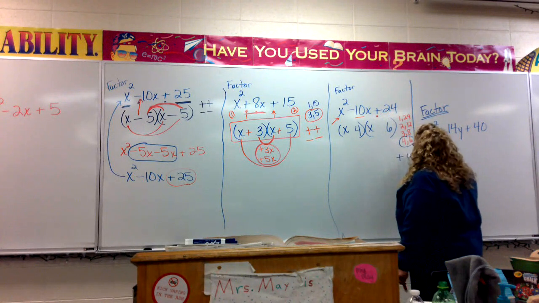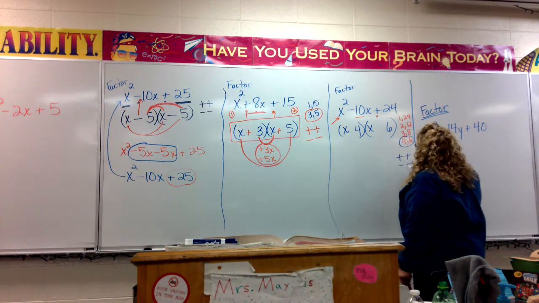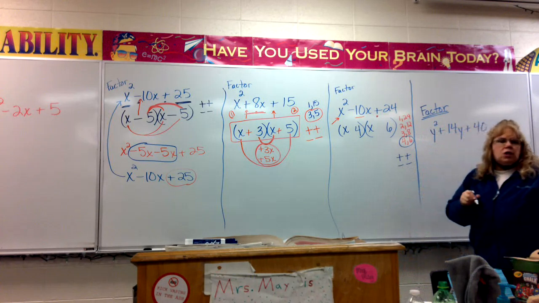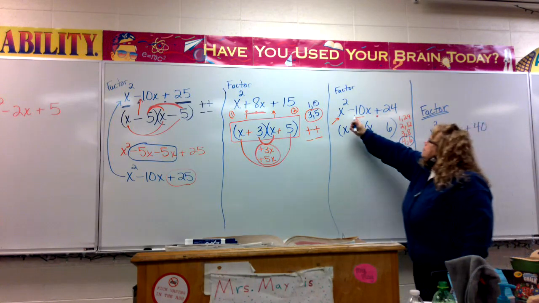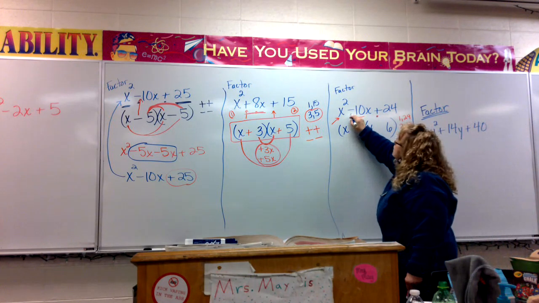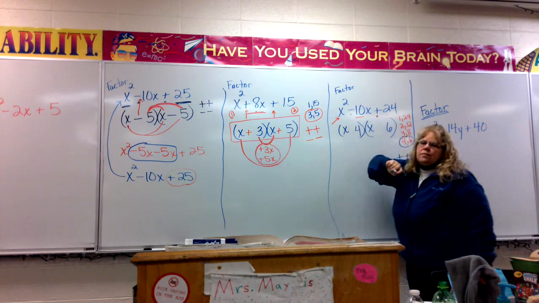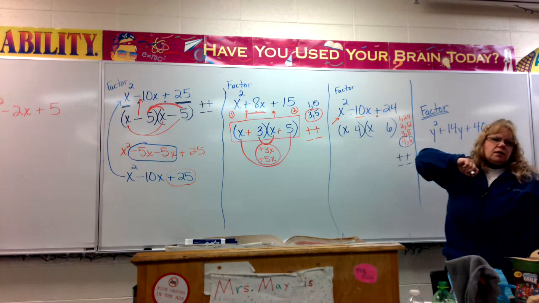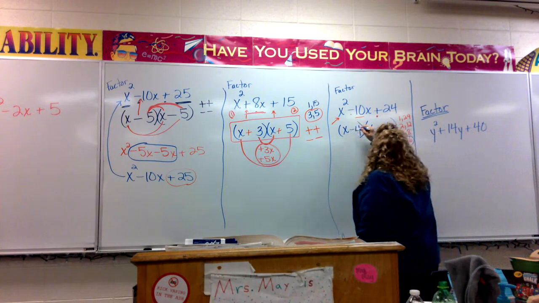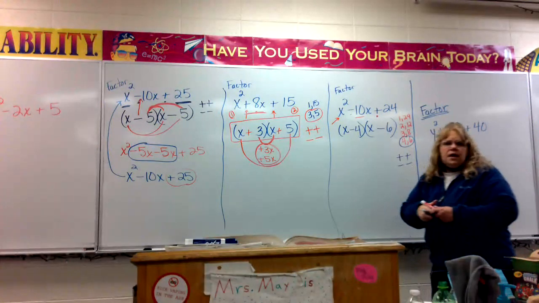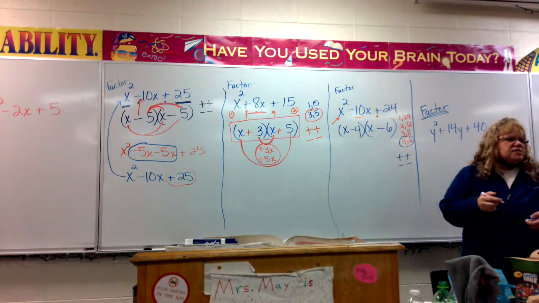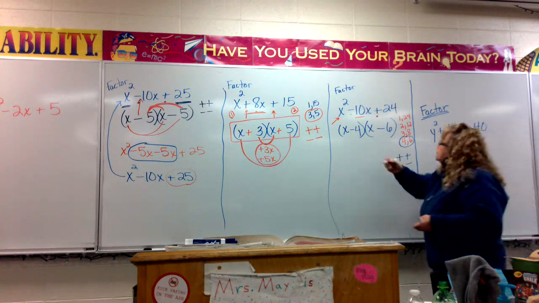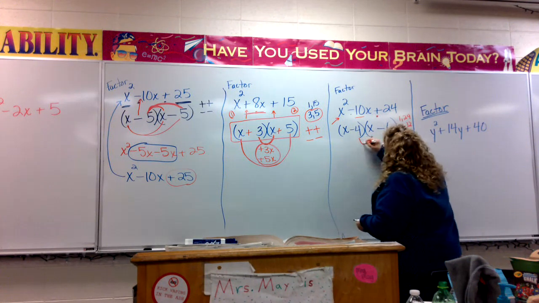That either means plus plus or minus minus. Which is it going to be? Plus plus or minus minus? Minus minus. Like that. And now you're going to do the inside-outside double check. Are you ready? What do you get here?